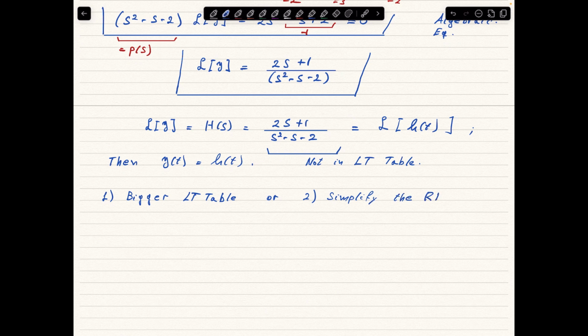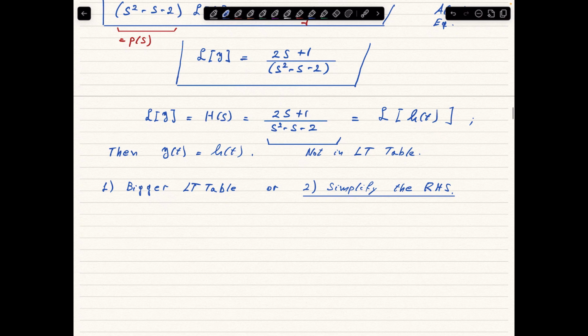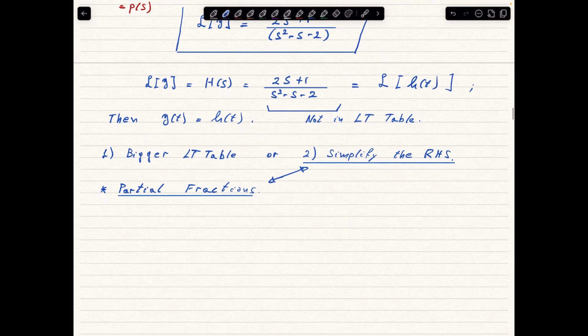And this is what we are going to do. We are going to simplify this right hand side. And how are we going to do it? Well, with the method we mentioned before, we are going to use partial fractions. But what type of partial fraction are we going to use? Recall this is to simplify the right hand side. So let's start with the function H of s.